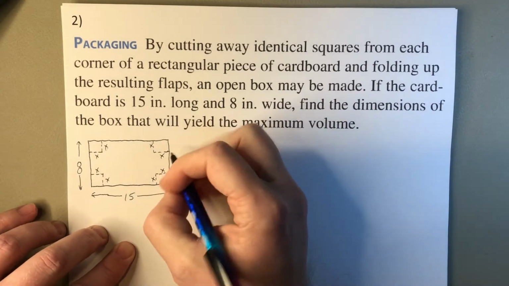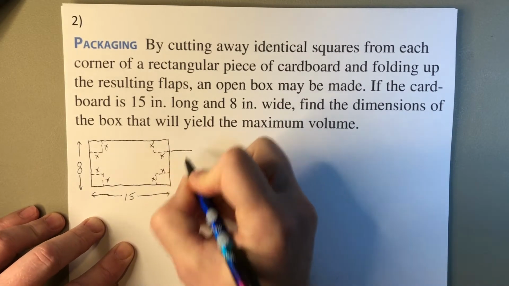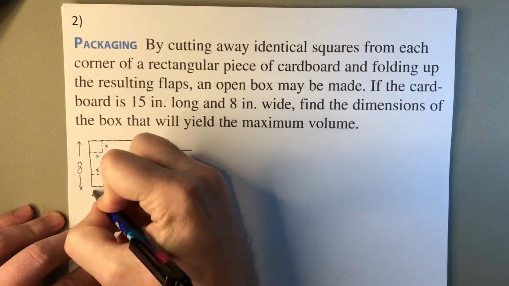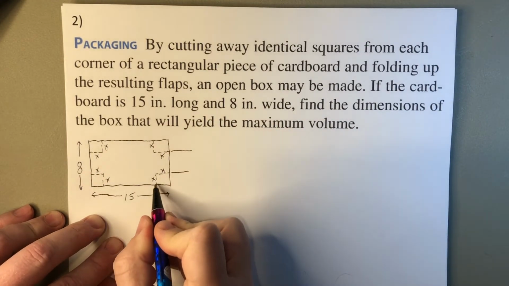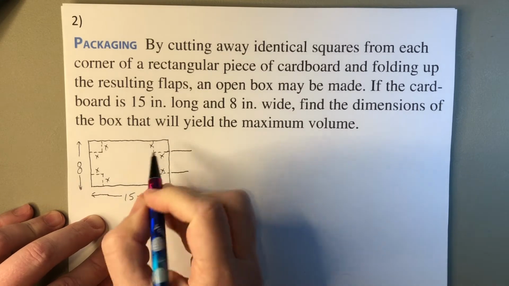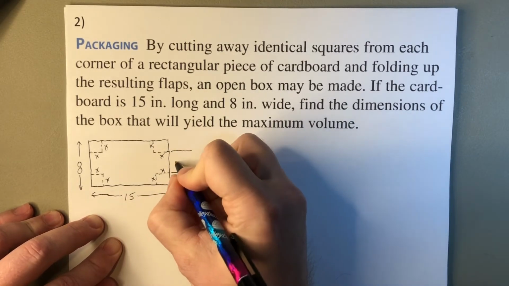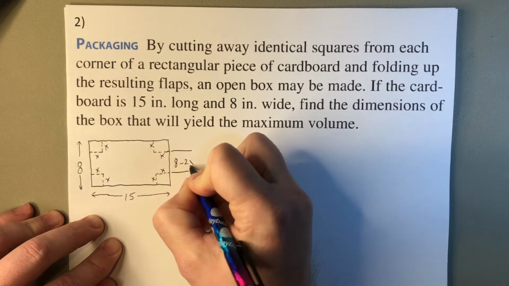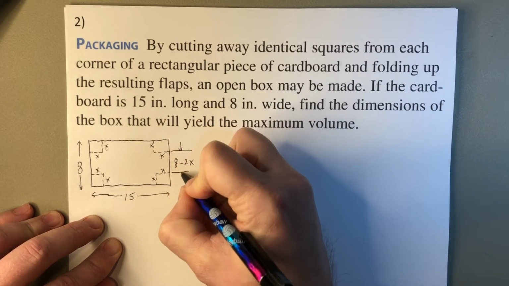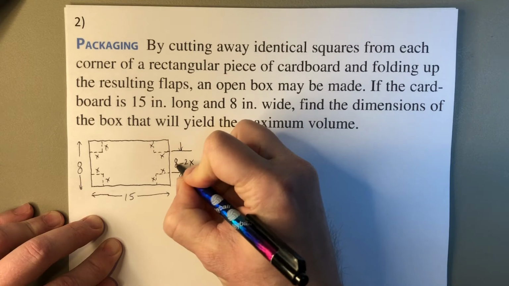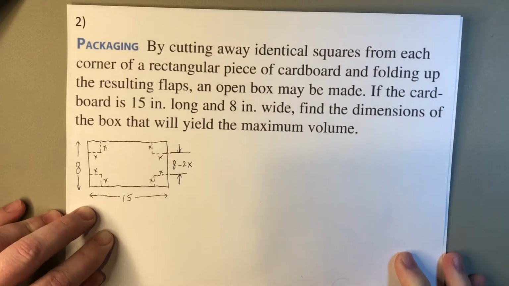Now we do know this. If the overall width is 8, and we're cutting away an x from here to here, and another x distance from there to there, we're cutting away 2 x's, this distance would be 8 minus 2x. The distance from here to here would be 8 minus 2x. Okay?